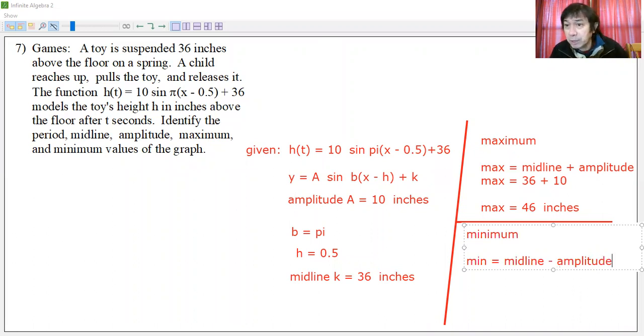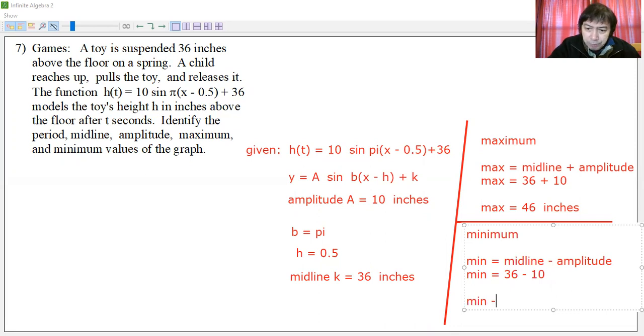So if you're about to get the minimum, it's midline minus amplitude. If you're about to get the maximum, it's midline plus amplitude, because for the minimum, you're going to find the lowest part. So we have minimum is equal to our midline 36. We subtract the amplitude 10, and we get 26 inches.